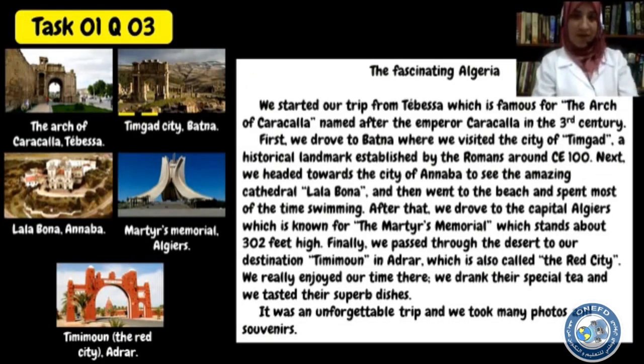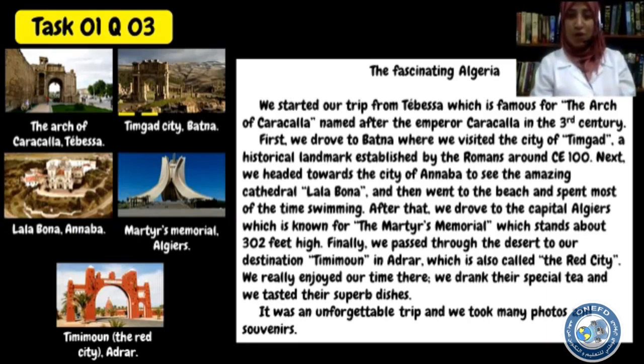So here we have an example of the report. The title is The Fascinating Algeria. So we started our trip from Tébessa, which is famous for the Arc of Caracalla, named after the Emperor Caracalla in the 3rd century. So this is a short introduction. Our departure was from Tébessa.